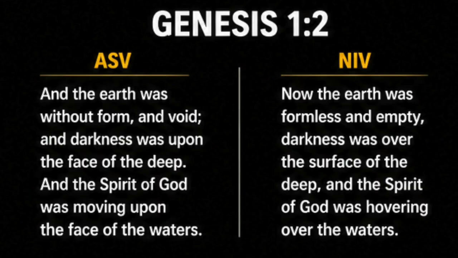ASV, face, is more literal. NIV, surface, is interpreted. Third, moved versus hovering. ASV, moved upon, is a gentle movement. NIV, hovering over, is like a bird hovering over its nest. So NIV actually gives a good feeling here.